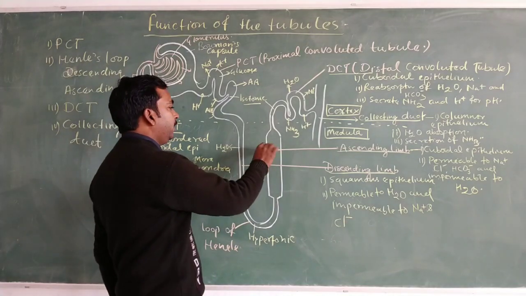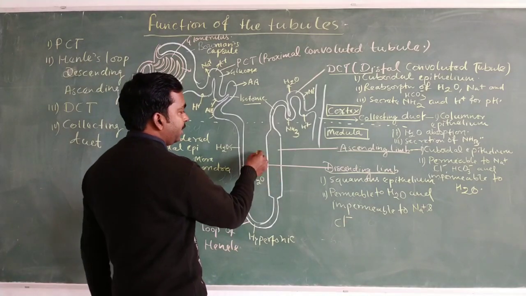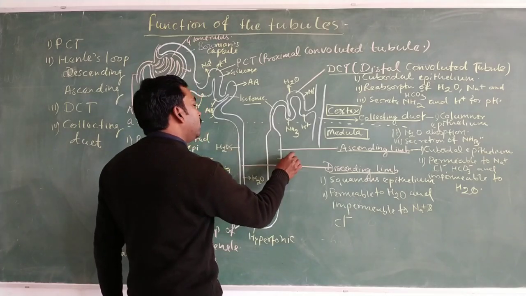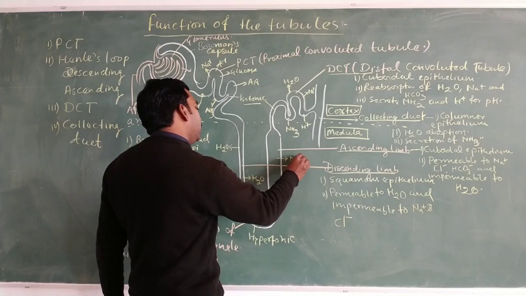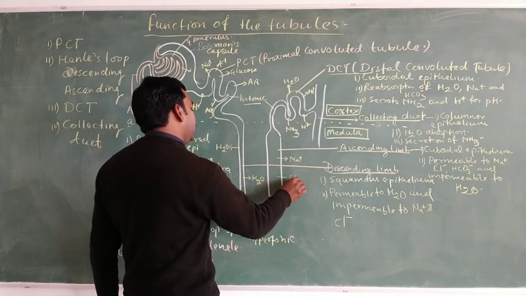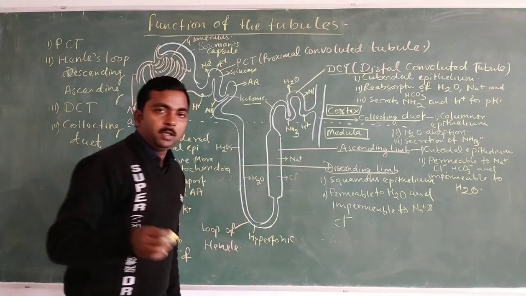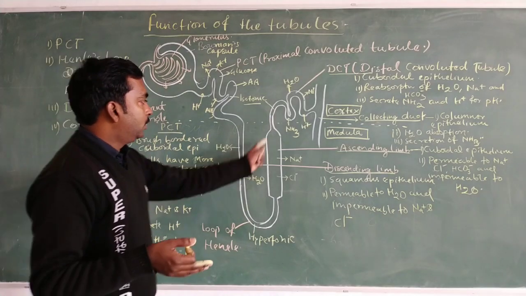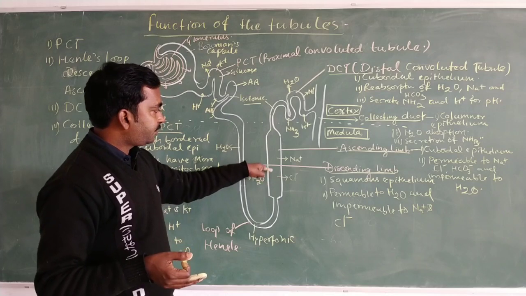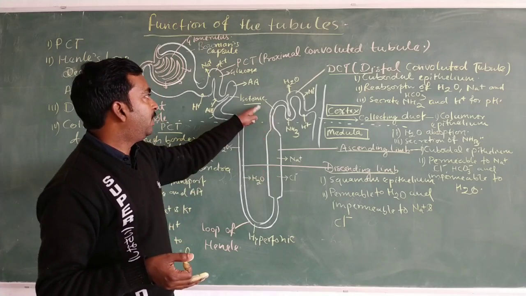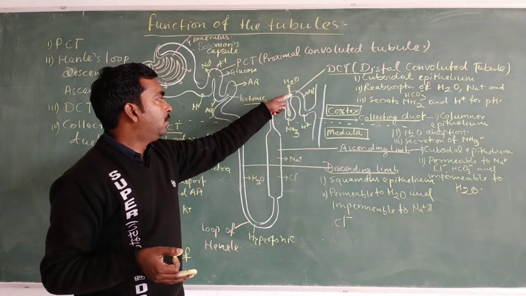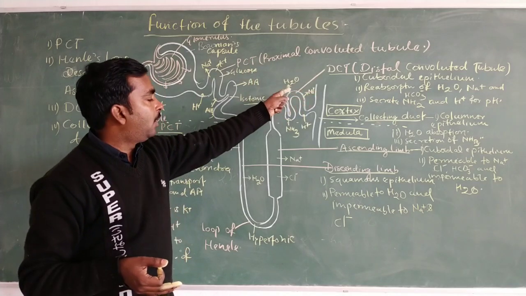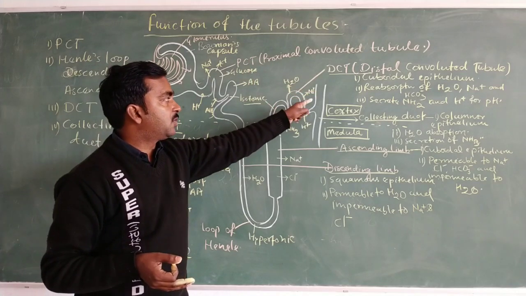Then it moves into the ascending limb, which is impermeable to water, while it is permeable to sodium ion and chloride ion. It means it is permeable to electrolytes. So from this region, the filtrate also becomes isotonic. Then due to reabsorption of water and some ions or electrolytes, it becomes concentrated.